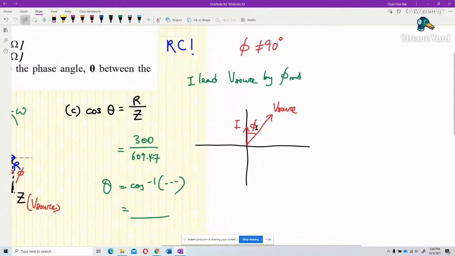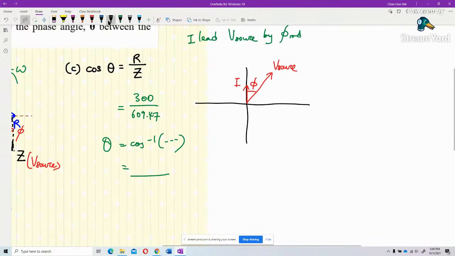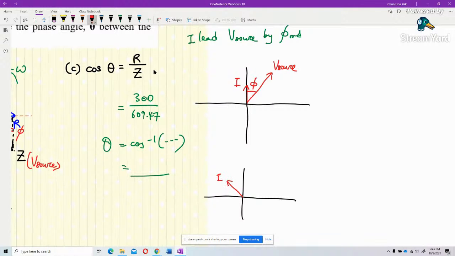It can be like this also. Current over here, V source over here. Anywhere, actually, as long as the current is leading the voltage. Understand? Always only anti-clockwise. There's no clockwise.